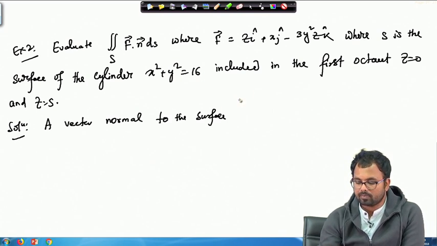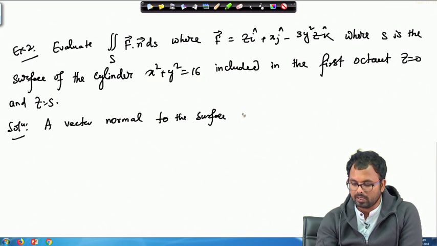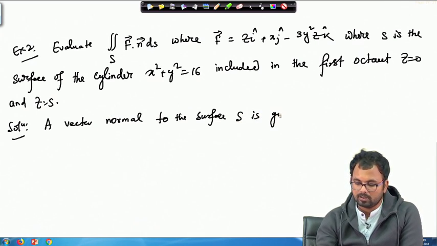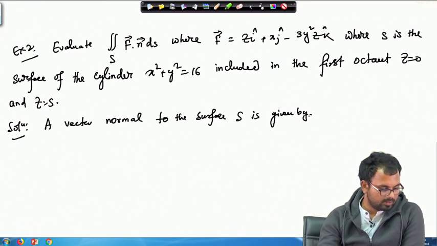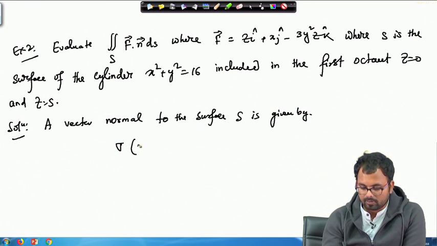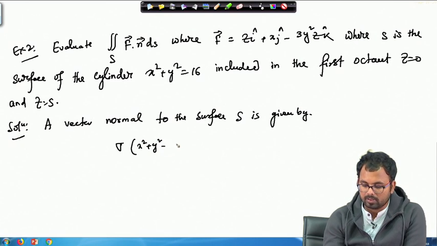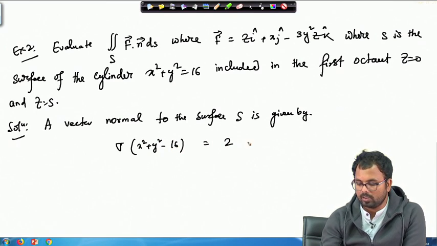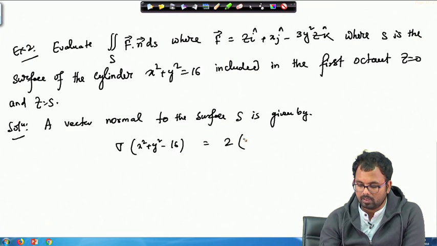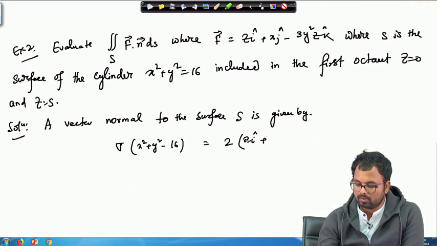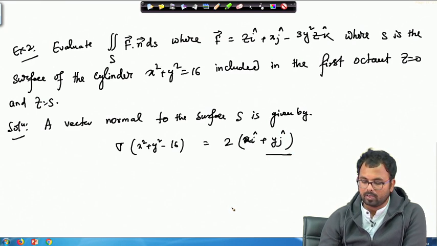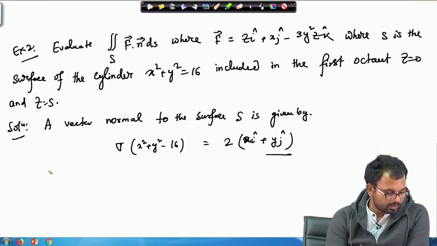So a vector normal to the surface S is given by the gradient of x square plus y square minus 16, and this will be 2 times x i plus y j. Yes, so this is the required normal, and from here the unit normal.